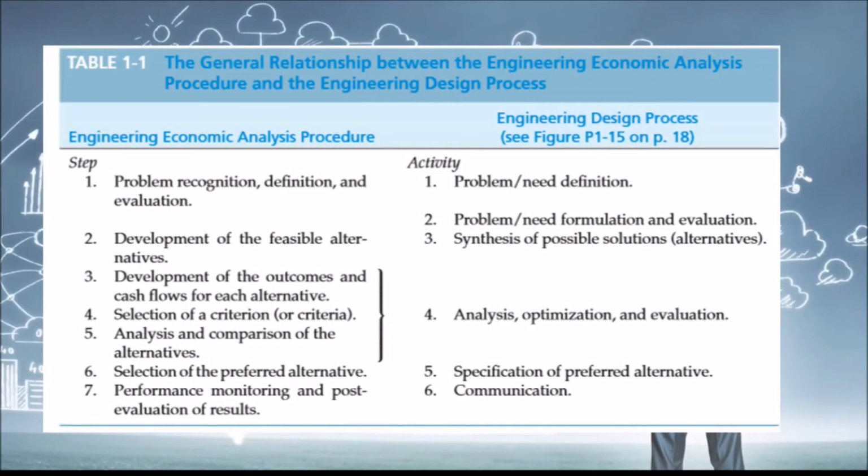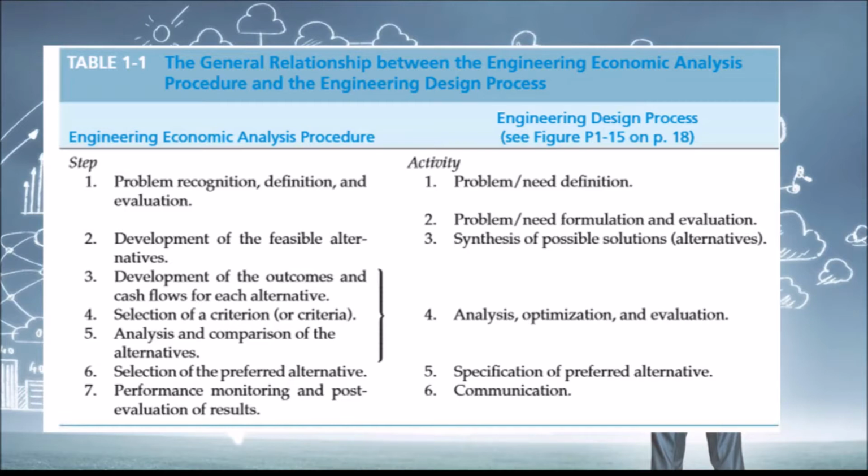So shown in the slide is Table 1-1, the general relationship between the engineering economic analysis procedure and the engineering design process. On the left column, we have the engineering economic analysis procedure and on the right, the engineering design process. So step 1 in the engineering economic analysis procedure is problem recognition, definition, and evaluation.